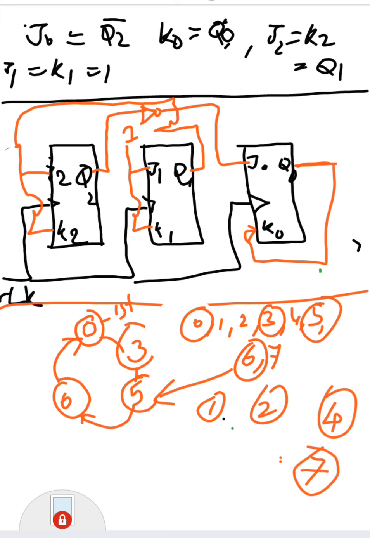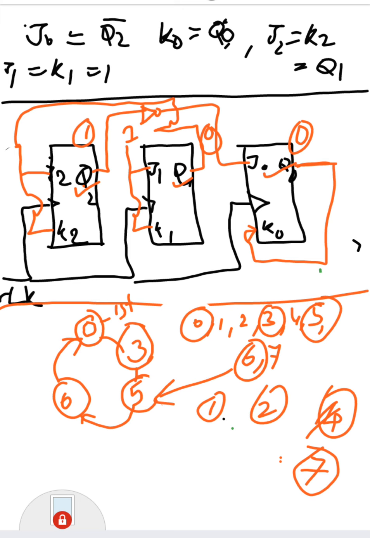Okay. Now the meaning of self-starting is, assume that the outputs of Q2, Q1 and Q0 are somehow arranged in a way that it happened to be 4. Example, this value 4, that is 1, 0, 0. At one stage, Q2 was 1, Q1 was 0 and Q0 was 0, which means the output was at 4.